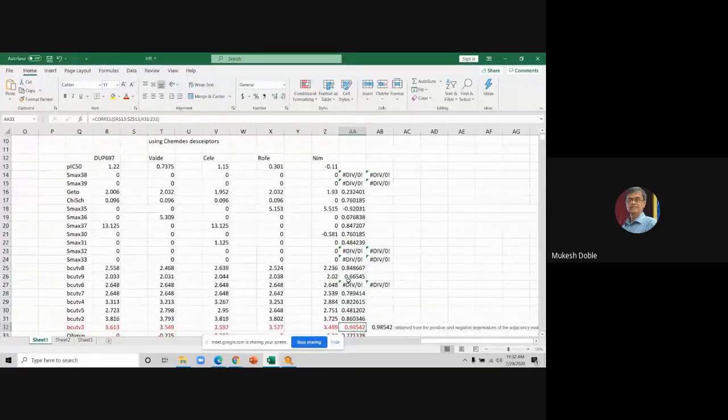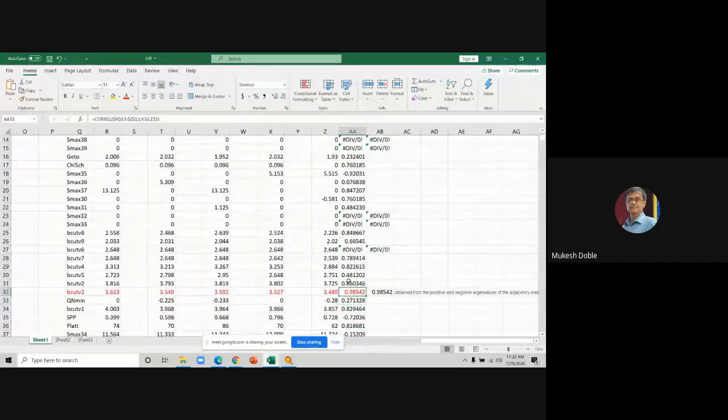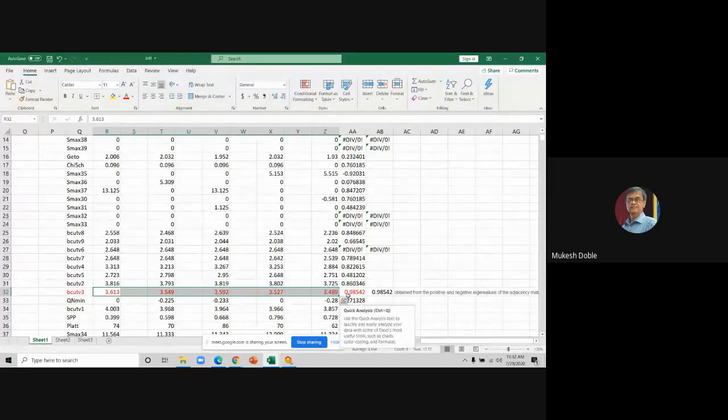Okay, so as I go down, you can see there is one descriptor which is giving 0.98, which is very good. That's why I have marked it in red color. Okay, this descriptor has the best correlation with the activity.